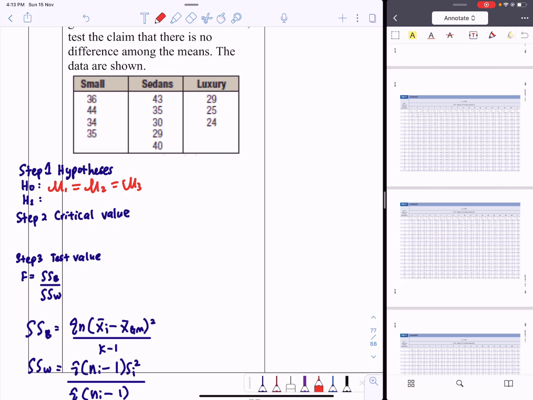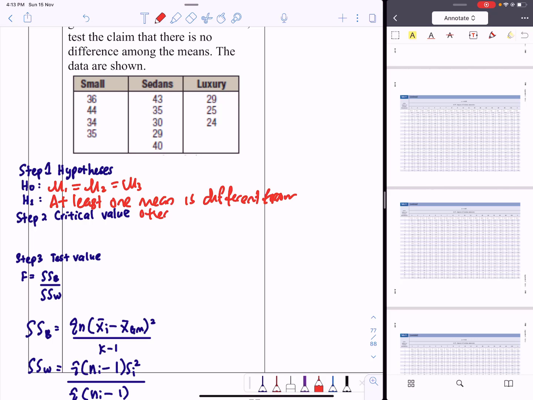It always comes with the rules of the null hypothesis: no difference. For the alternative hypothesis, at least one mean is different from others.